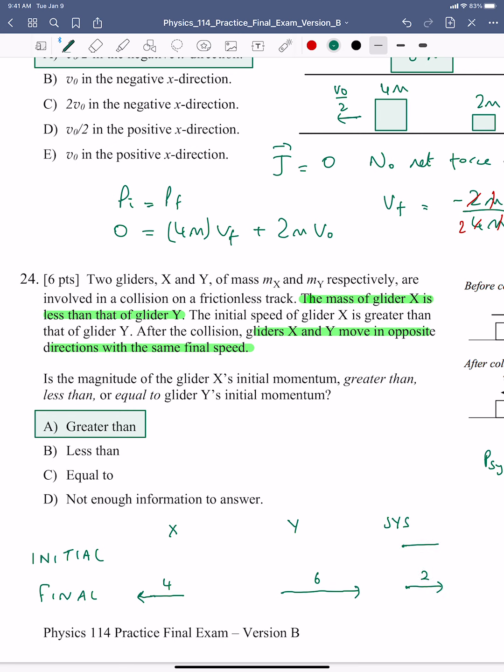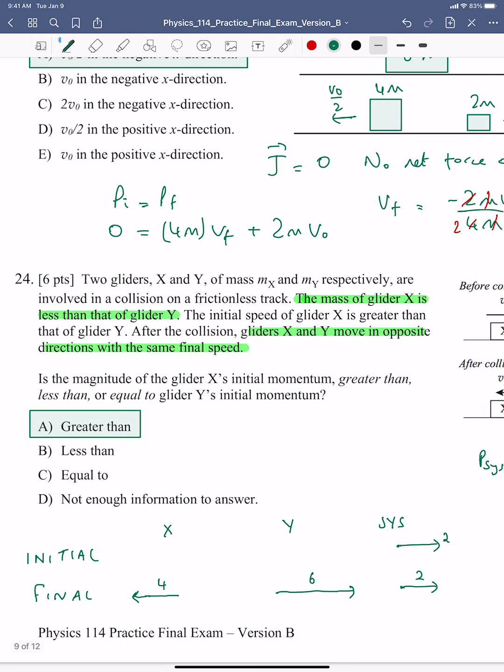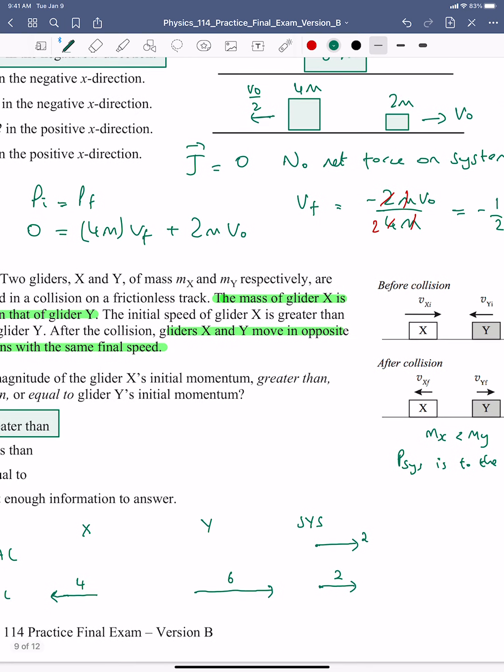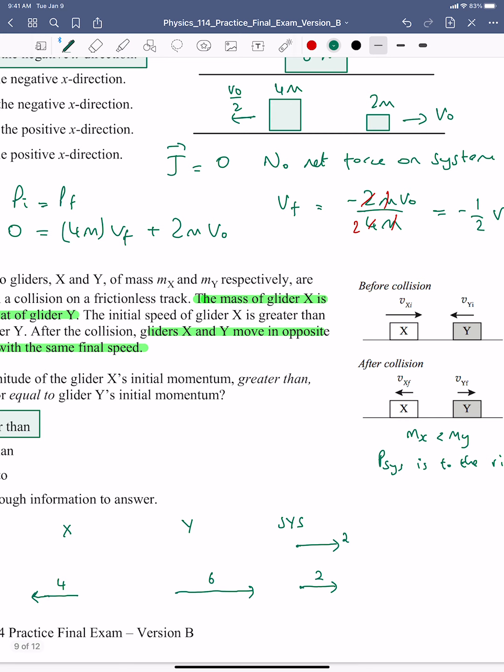If we assume it's a level frictionless track, there's no net force in the system, no impulse, no change in momentum, then we can see that y has some momentum to the left, and it looks like its initial speed is larger than its final speed. So I might need to pick something like, I'm going to run out of room here, but maybe I pick 8 to the left.